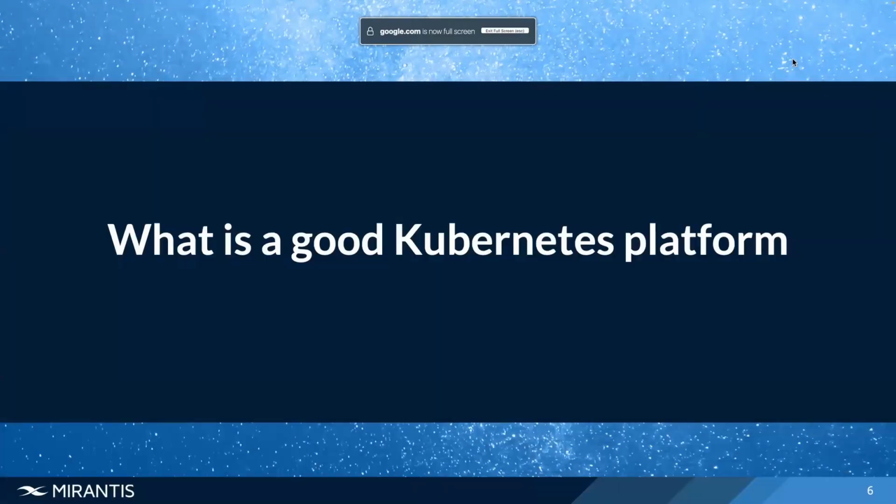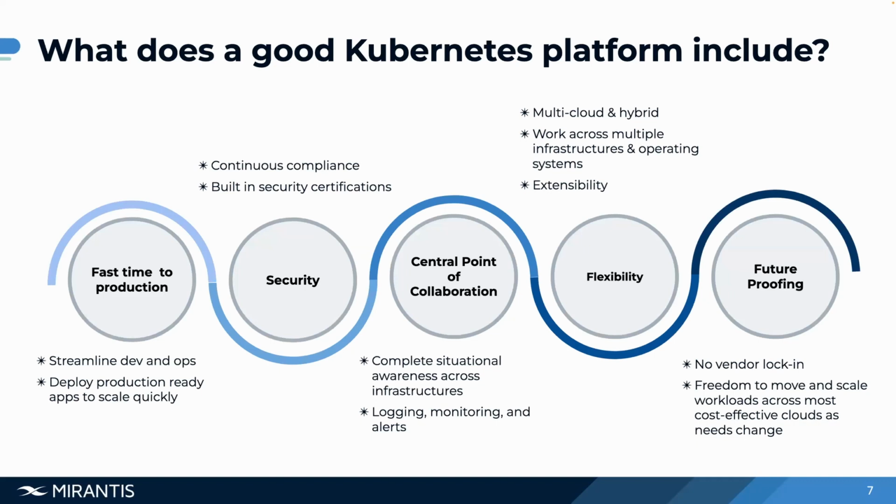Okay. So what is a good Kubernetes platform? With Mirantis, we typically would align our architecture based on customer use cases, definitely, on these 5 big pillars. One is how fast the customer will go to production, right? So how fast we will move from the design stage to the production stage.